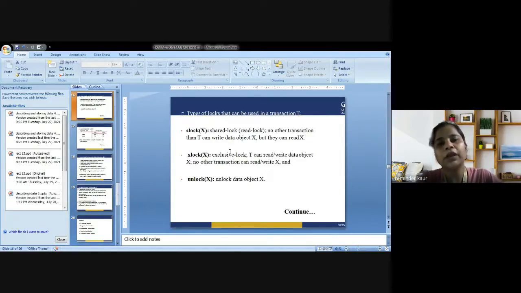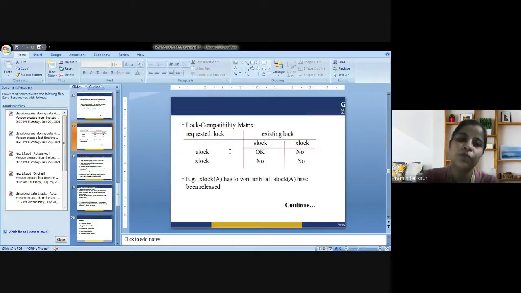If we are talking about a shared lock, then it is the read lock. No transaction other than T can write data object X, but they can read X. X lock, that is, exclusive lock: T can read or write data object X, and no other transaction can read or write X. Unlock data object, we are supposed to do the unlocking.